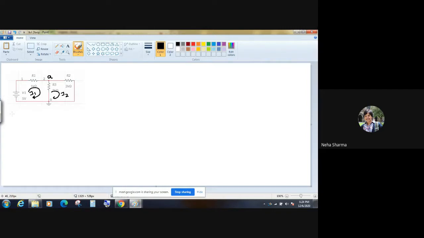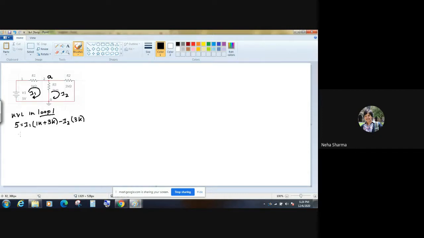So first I apply KVL in loop 1. This loop 1 is also known as mesh 1. If I do it, I can write an equation of the form 5 is equal to I1 times 1k plus 3k, and since I2 is in opposition, minus I2 times 3k.